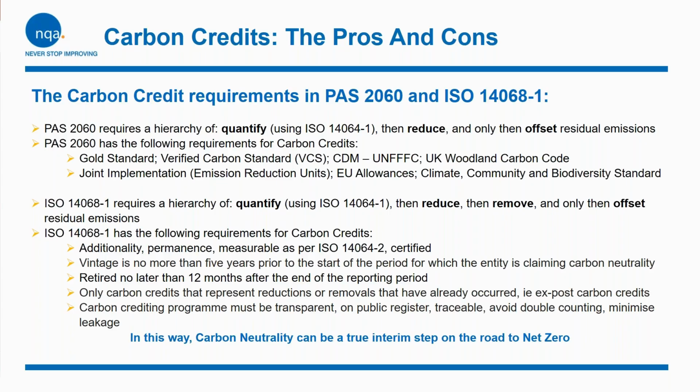Vintage is no more than 5 years prior to the start of the period for which the entity is claiming carbon neutrality. Retired no later than 12 months after the end of the reporting period. And only carbon credits that represent reductions or removals that have already occurred, i.e. ex post carbon credits. A carbon crediting programme must be transparent, on a public register, traceable, avoid double counting and minimise leakage as well.